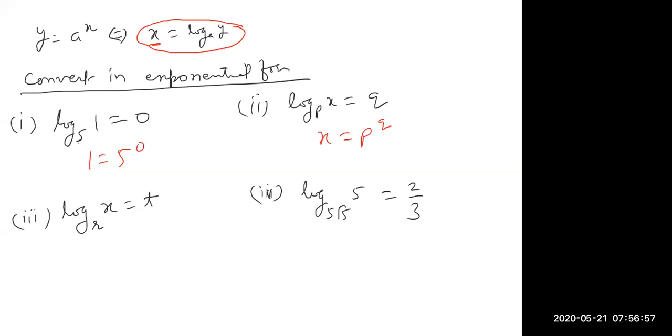So this base I'm marking with green color. This is the base, this is the base, this is the base. So x is equal to r raised to power t, and 5 under root 5 is equal to 5 raised to power 2 upon 3. In this form you can write.